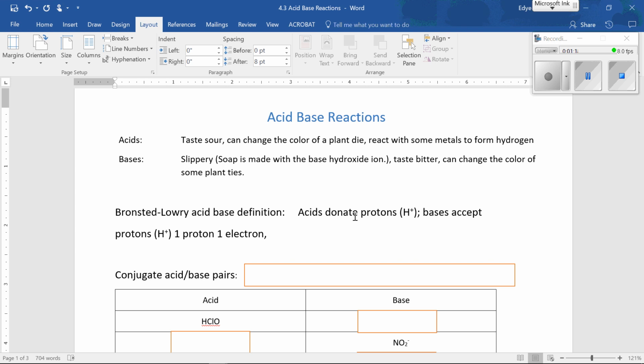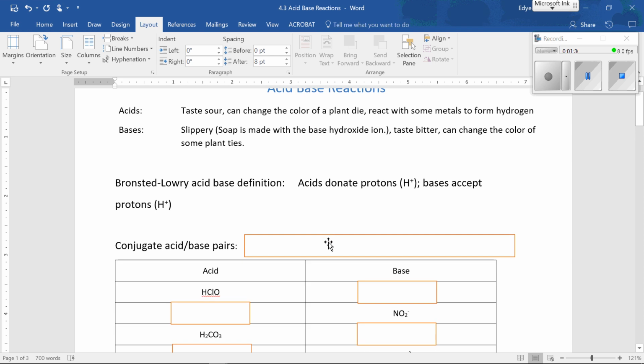So an H plus would be the proton and electron minus the electron, which would give you just a proton. Hence, H plus is considered just a proton.